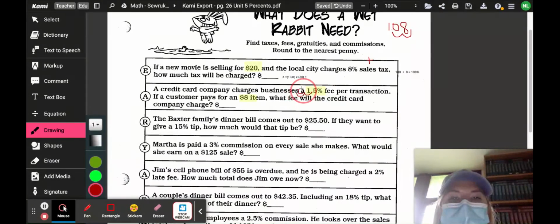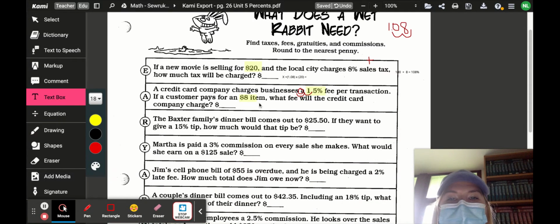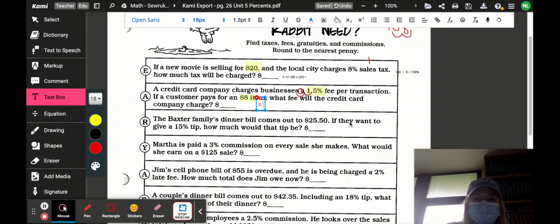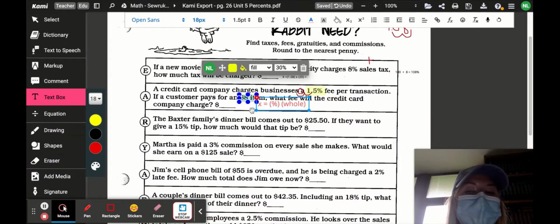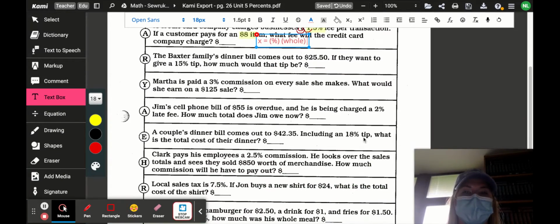If you have an empty placeholder, you're going to put a 0 in, and again, x equals the percent times the whole. Again, I highlighted those 2 items. You have to make sure to change this percent into a decimal, which I kind of just did for you, 0.015. That's what you should have there, and you're timesing it by 8.